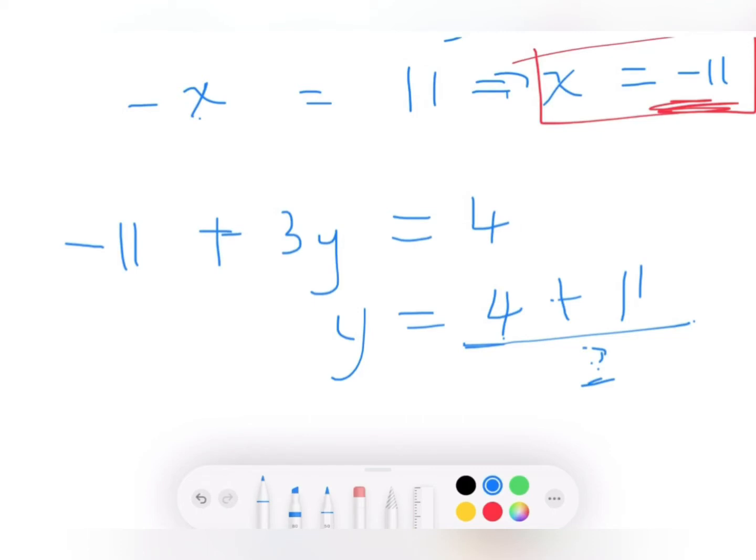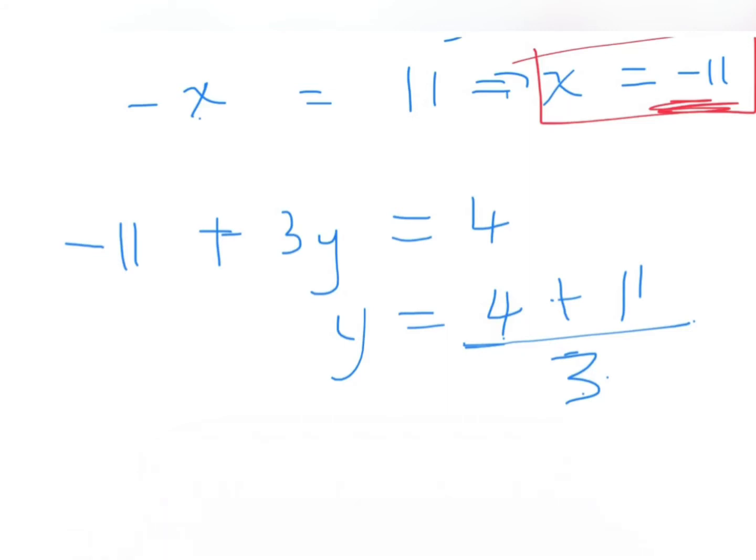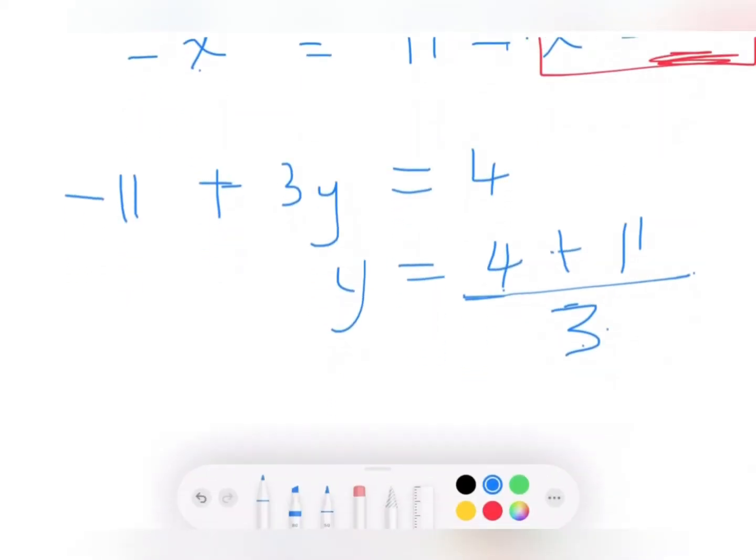When we plug this in our calculator, we should be left with 5, because 4 plus 11 is 15, and when we divide 15 by 3, we should be left with y equals 5.